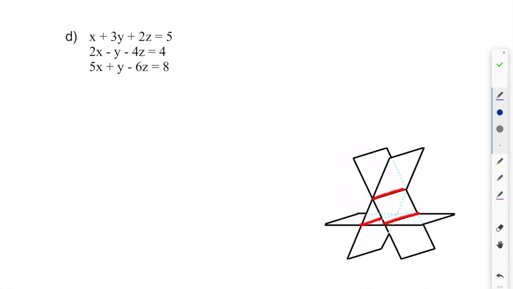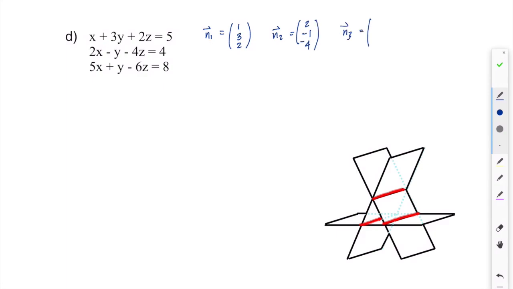And of course, last but not least, let's examine one more possibility here. The diagram is already there, but let's show why that's the case. N1 is (1, 3, 2). N2, normal 2, is (2, negative 1, negative 4), but not a scalar multiple of N1.